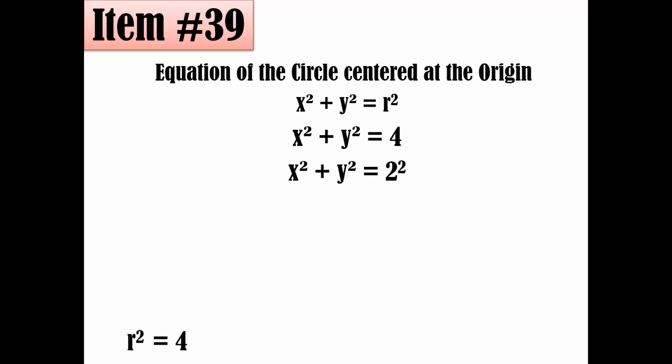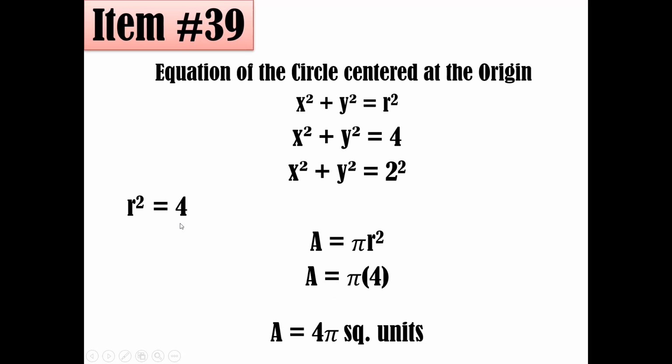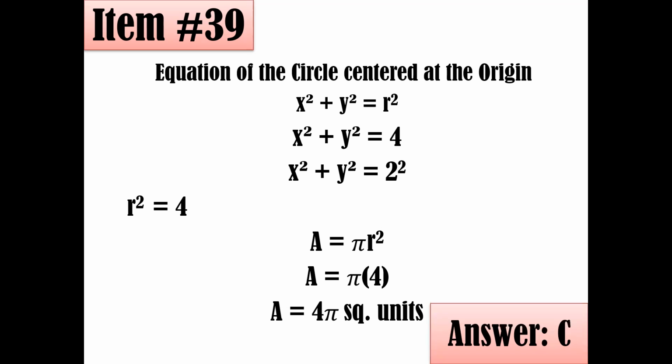Pero tandaan po natin that since r squared is 4 and we know that the area of a circle is pi r squared, then we will just replace r squared here with 4. So that's pi times 4 or 4 pi square units. Letter C.